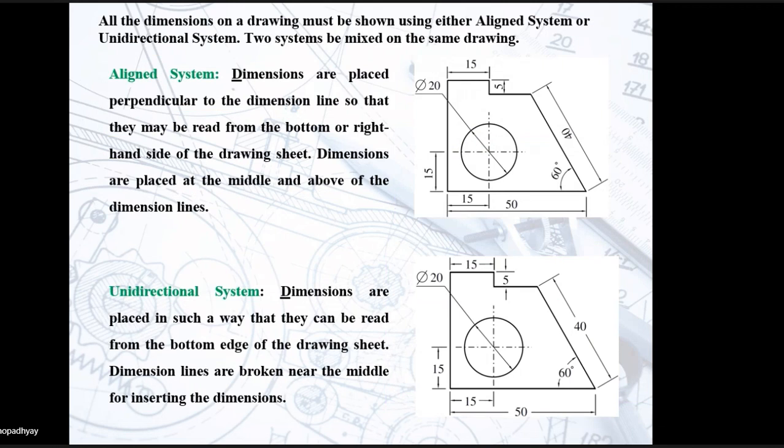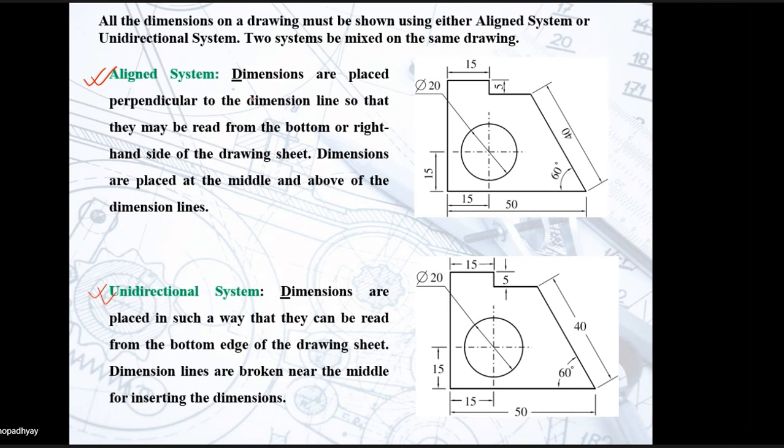Now the dimensioning systems that you have can be of two types. It can be the aligned or the unidirectional system. I would suggest you use the aligned system for your drawings, because for small drawings you use the aligned system, and for large size drawings you have the unidirectional system.